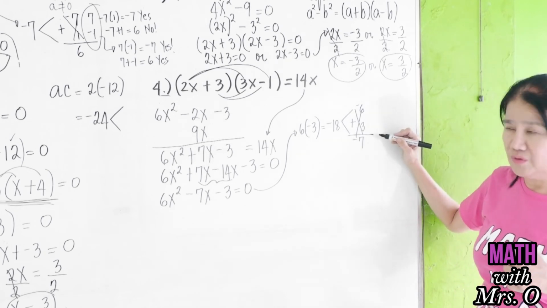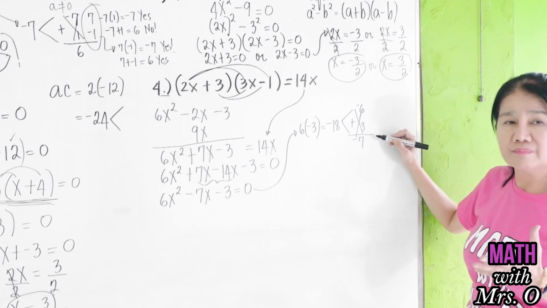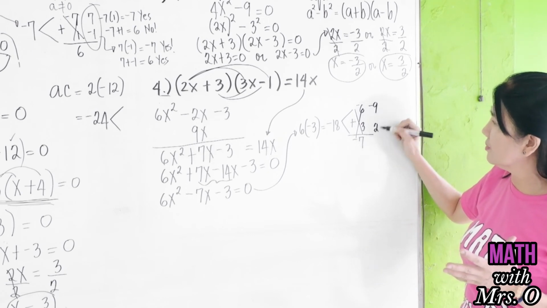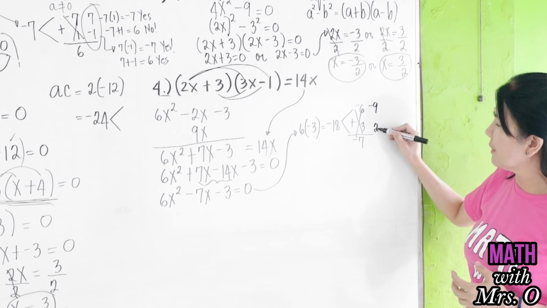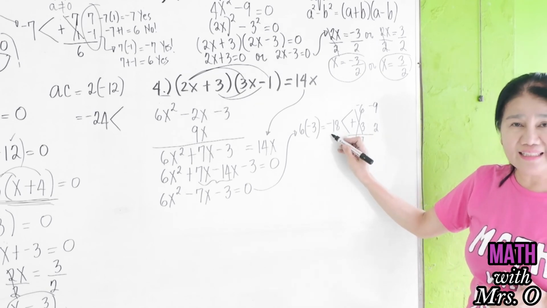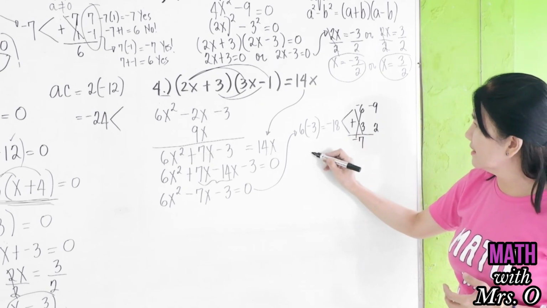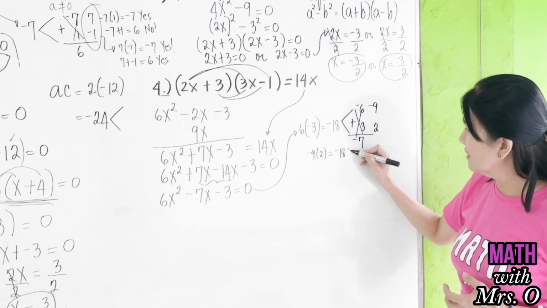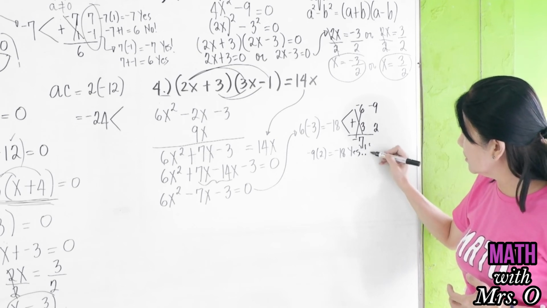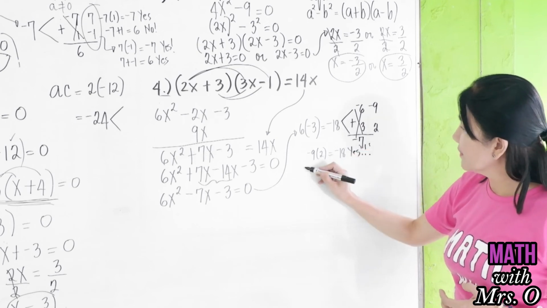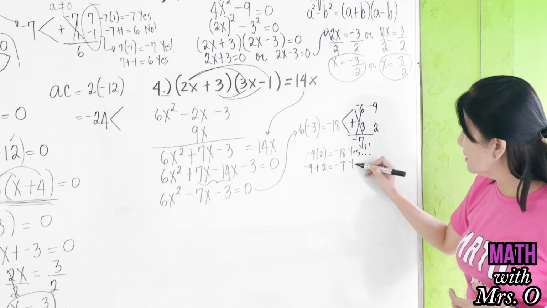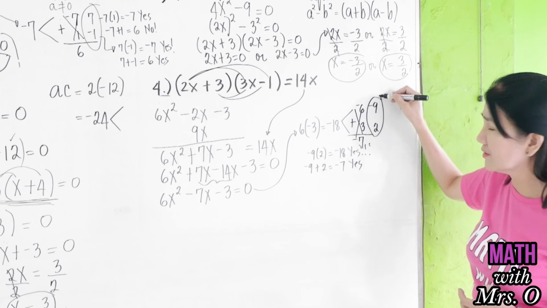No. We'll try another one. So we get negative 9 times positive 2. Is that negative 18? Yes. And then, negative 9 plus 2, is that negative 7? Yes. So these are our factors.